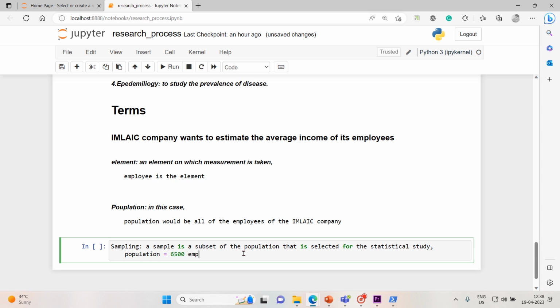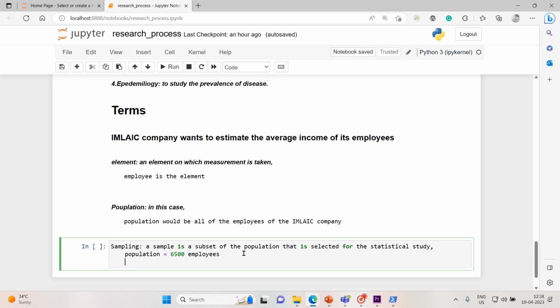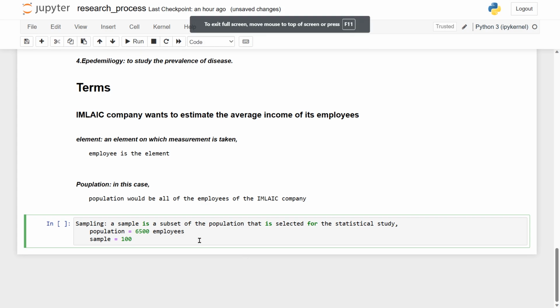These are my total employees. So from this population I can't do the complete analysis on the whole population. I'm going to go for the sample. So for the sample, I'll go for random sampling of 1,000 employees. That's it. 1,000 employees.